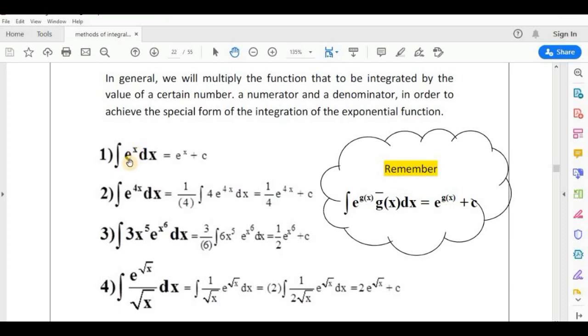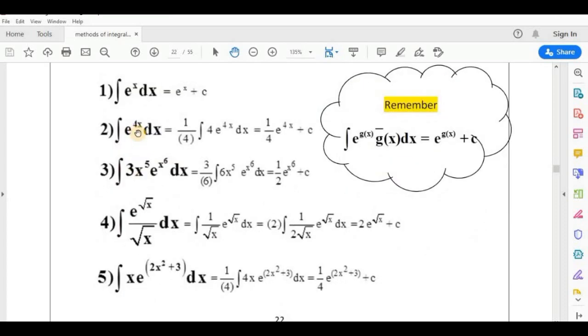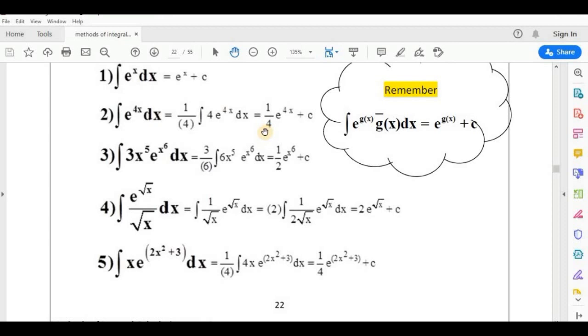What is the derivative of the exponent? The derivative of x is 1. What is the derivative of 4x? It is 4. So we multiply by 4 in the numerator, and the denominator will be multiplied by 4. So the final result of the integral will be 1 divided by 4 multiplied by e to the power 4x.